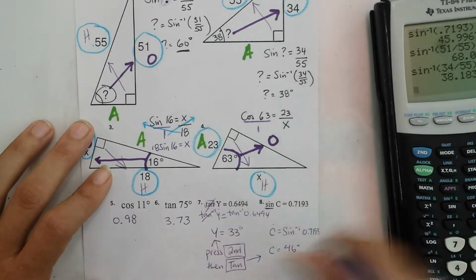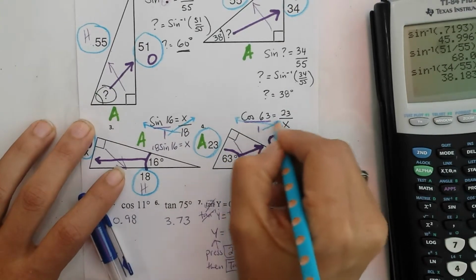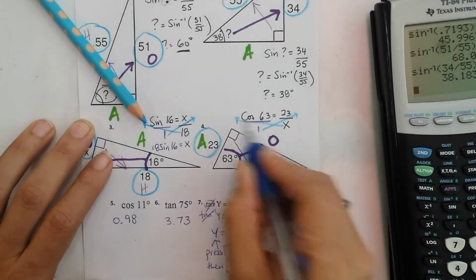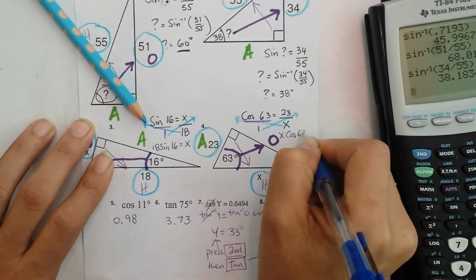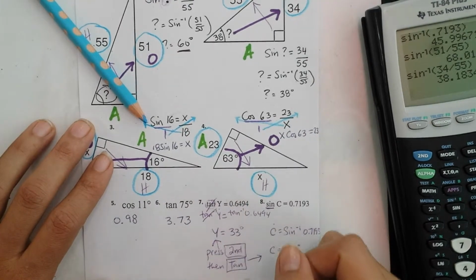Okay, on this one, same thing. Put it all the way at the end. You're going to get x cosine 63 equals 23, because 1 times 23 is 23.